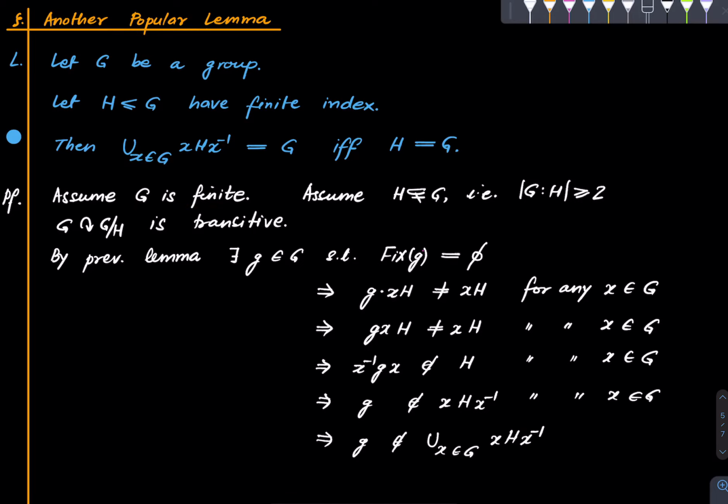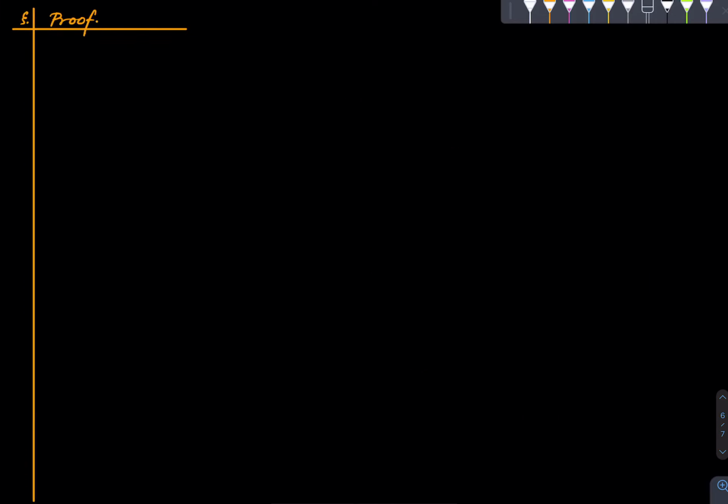So the proof for the general case, let me write it that way. We have G is possibly infinite. Let N be the kernel of the action. Kernel of which action? Again, we are using the coset action. N is the kernel of the action.